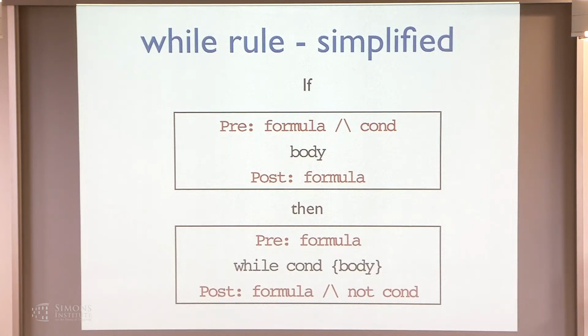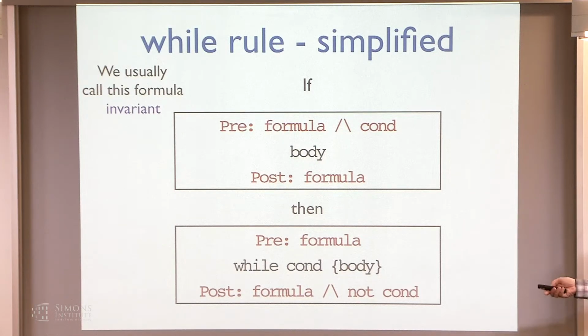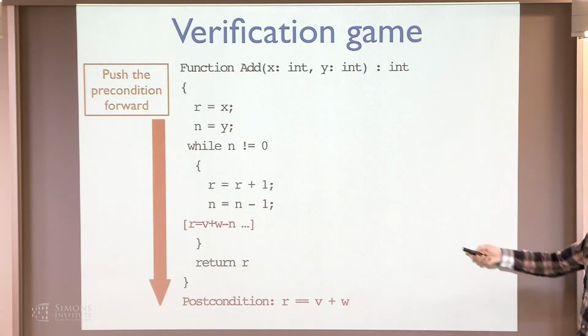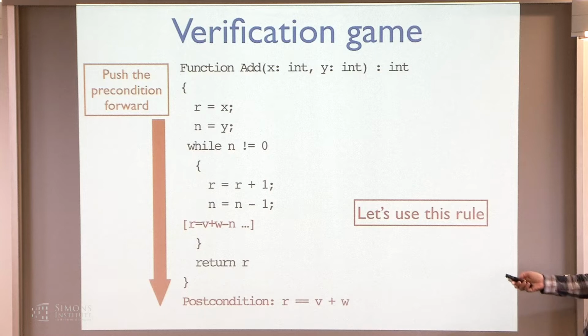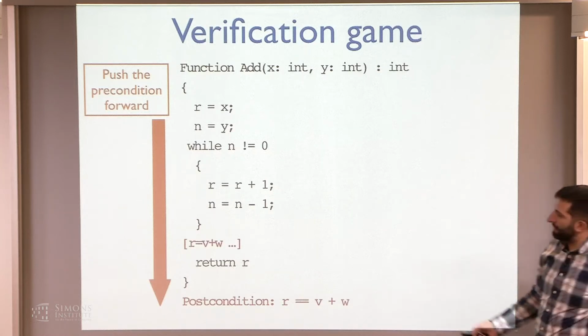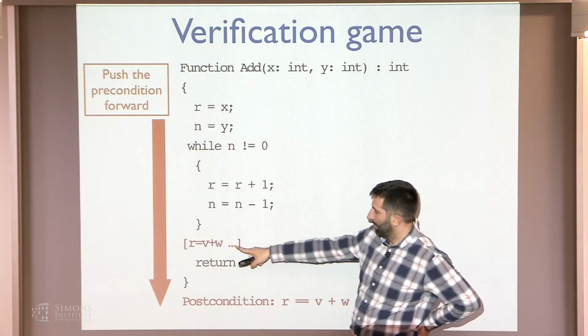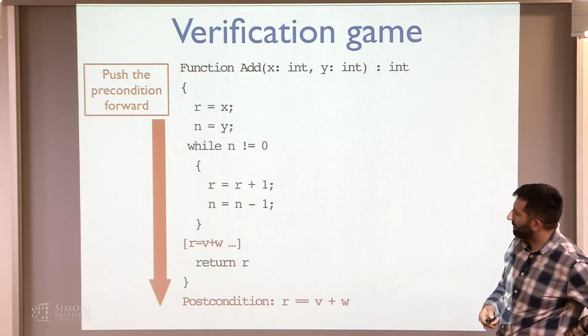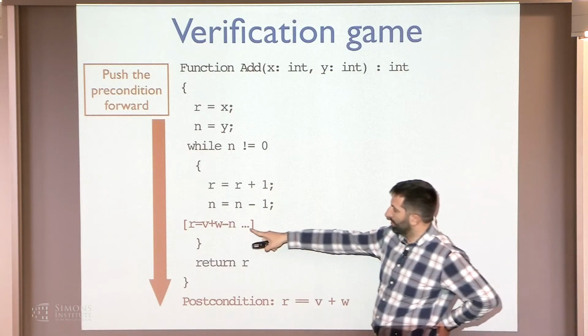So in general, we call this kind of formula an invariant because it's an invariant through the loop, and it allows us to prove that the formula still holds after the loop with the negation of the postcondition. So in particular, if I use this rule, the same formula will apply here, but also with the negation of the condition.